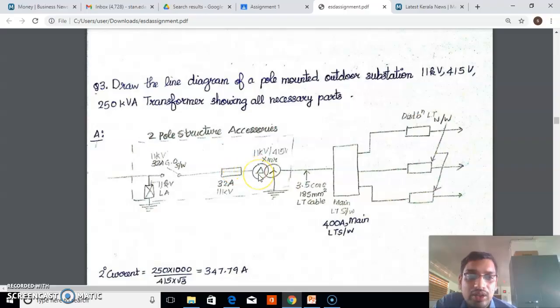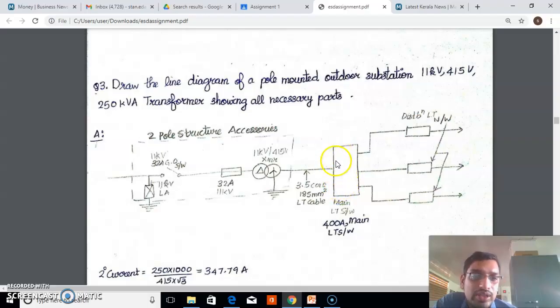Then you erect a transformer, a delta star transformer with a capacity of 250 kVA. Then you install an underground cable from the secondary of the transformer, which connects to the main switch bus bar, or main bus bar.